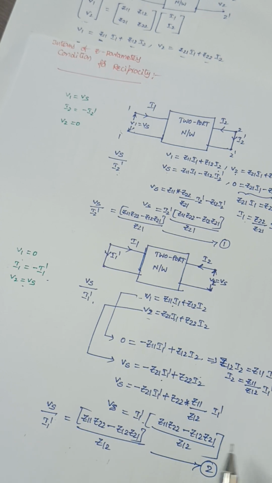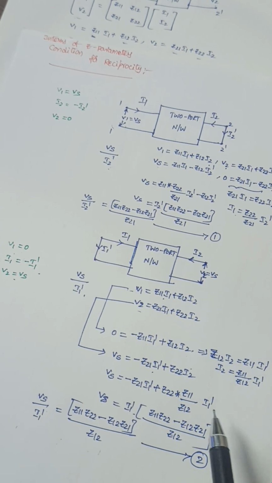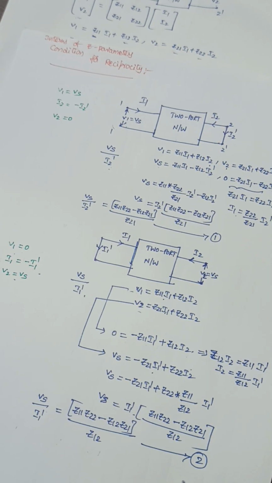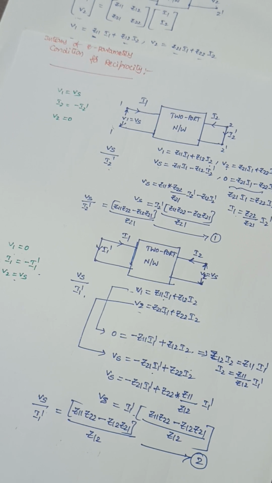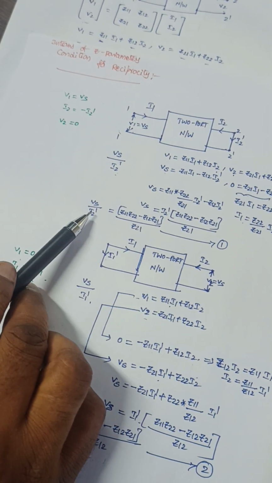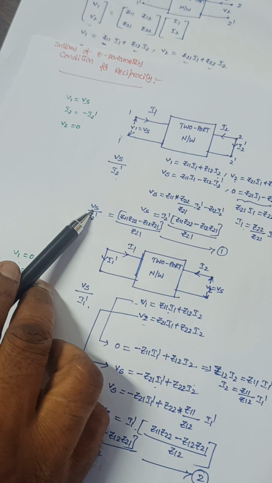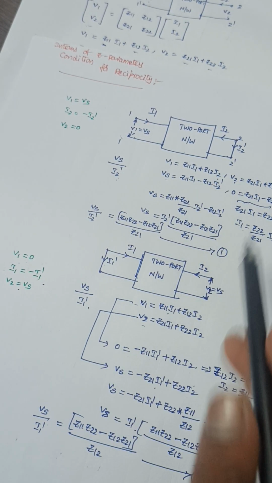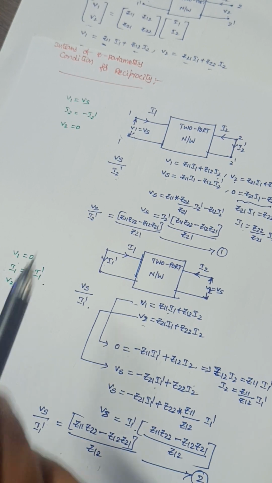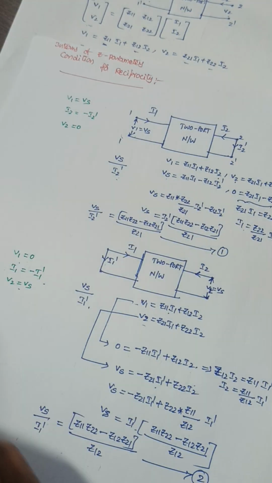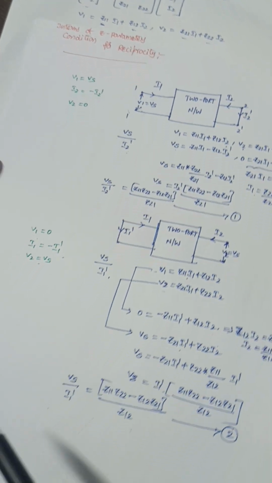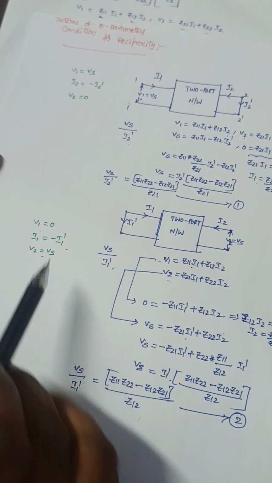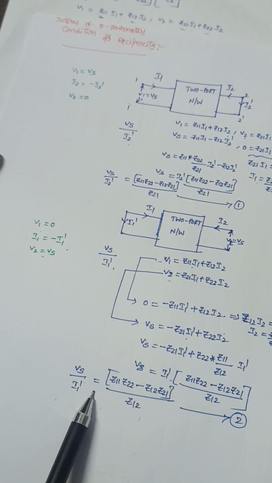According to the definition of reciprocity, if you want to say the two networks are reciprocal networks, then the ratio of excitation at one port to the response at the other port is the same even when the excitation and response are interchanged. So the meaning of the reciprocity theorem here is these equations should be same.